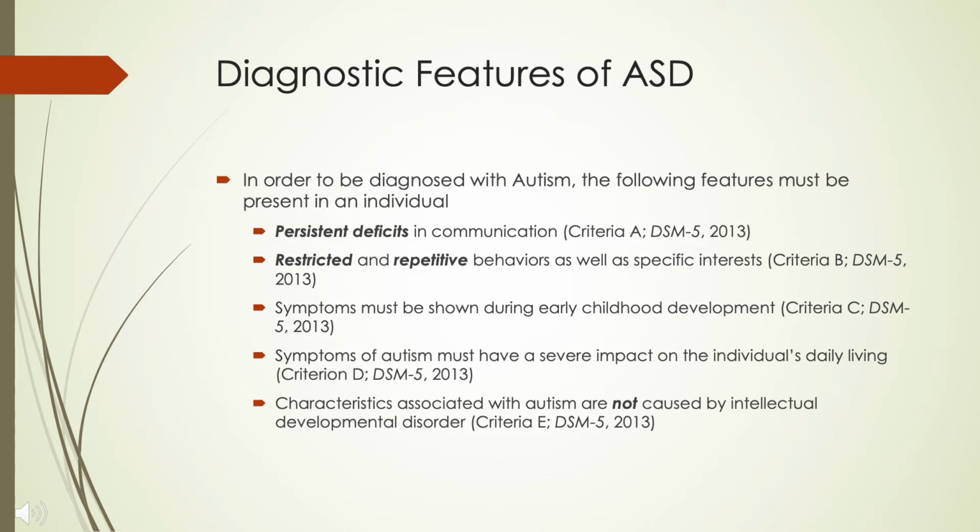The fifth and final diagnostic feature of autism spectrum disorder is the characteristics and disturbances associated with this disorder cannot be associated or caused by intellectual disability.